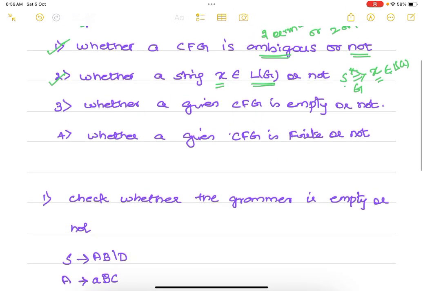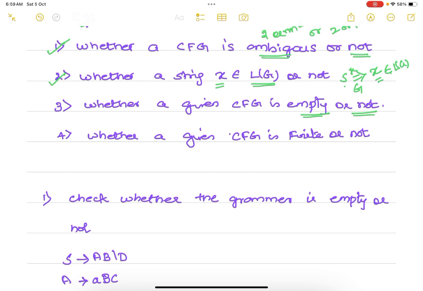Now, to check whether a given grammar is empty or not: if the grammar, from the start symbol, is able to generate terminal symbols, then it is non-empty.